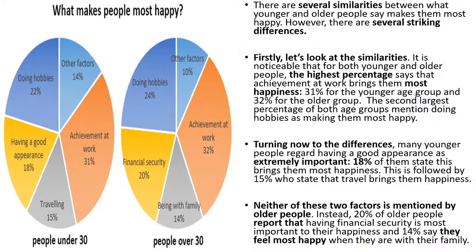So now let's look at what makes people most happy. There are several similarities between what younger and older people say makes them most happy. However, there are also several striking differences.